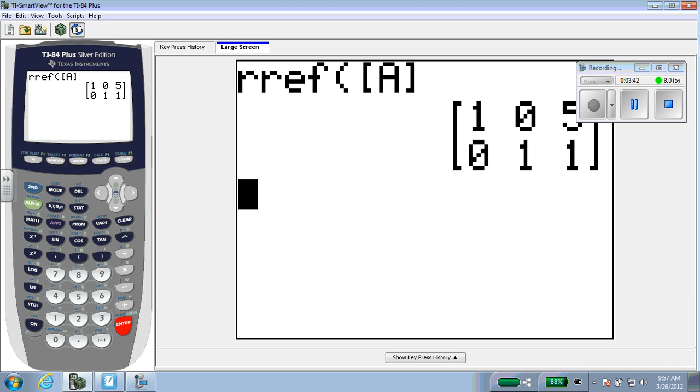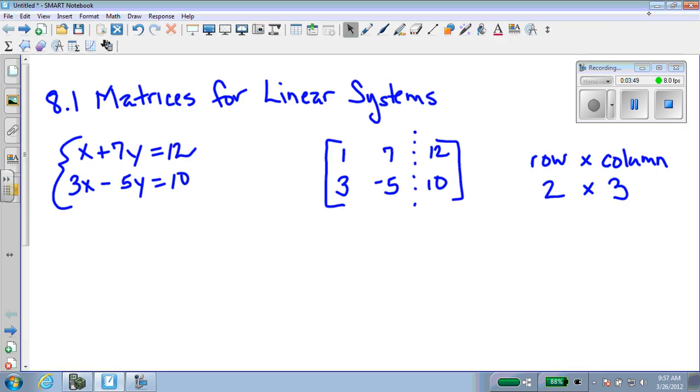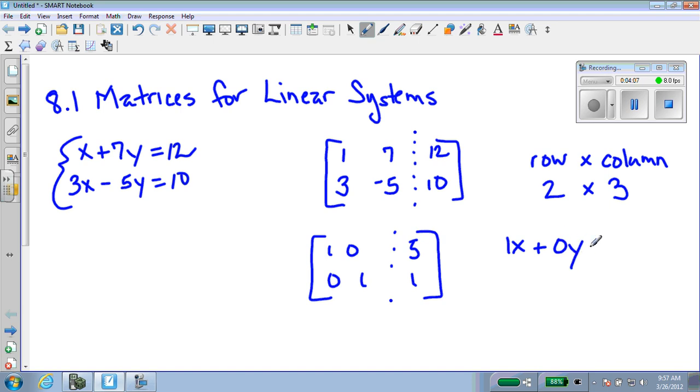It has returned 1 0 5, 0 1 1. And if we turn this back into a system, it's saying 1x plus 0y equals 5, and 0x plus 1y equals 1.